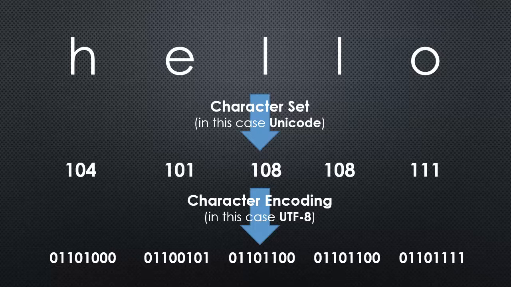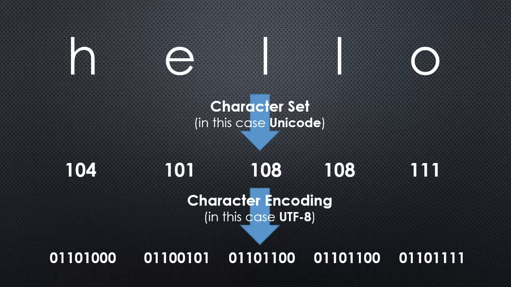Now, you might be thinking, but there's only one way to store a number in binary. Each number is specific zeros and ones, and that's true. But when we're talking about encoding, what we're really talking about fundamentally is how many bits we use to represent each number. In this case, UTF-8, we have 8 bits, 8 digits to represent a number.